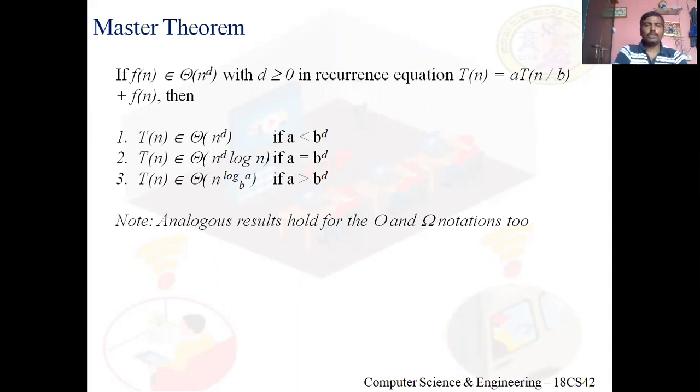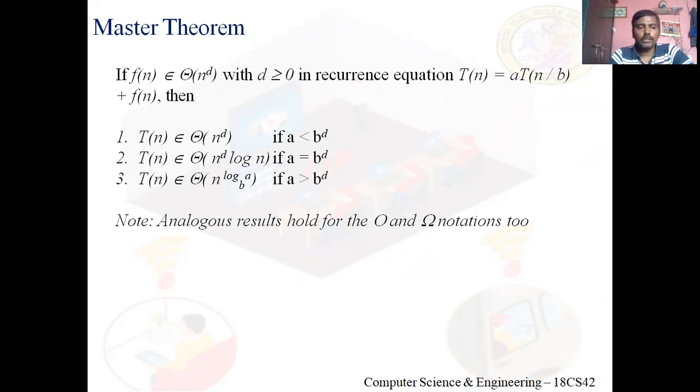So in the notes, I said analogous results hold for the big O and big omega notations too. In this definition, I've assumed f of n belongs to big theta of n power d. Suppose I find f of n belongs to big O of n power d, or big omega of n power d, then in all these three cases, in place of big theta, I should use big O or big omega.